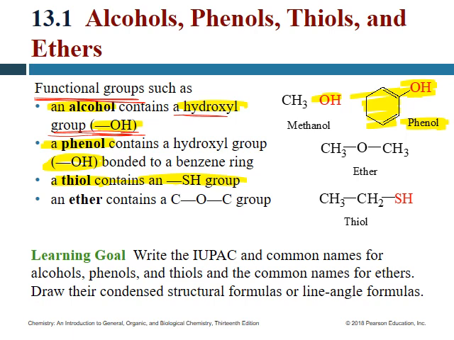If we have an organic compound with an SH group on one of the carbons, that is called a thiol. And lastly, we have ethers. An ether consists of a C-O-C group, meaning between two carbon atoms there is one oxygen. Those are called ethers. Sometimes you might also see it written as an R-O-R group.